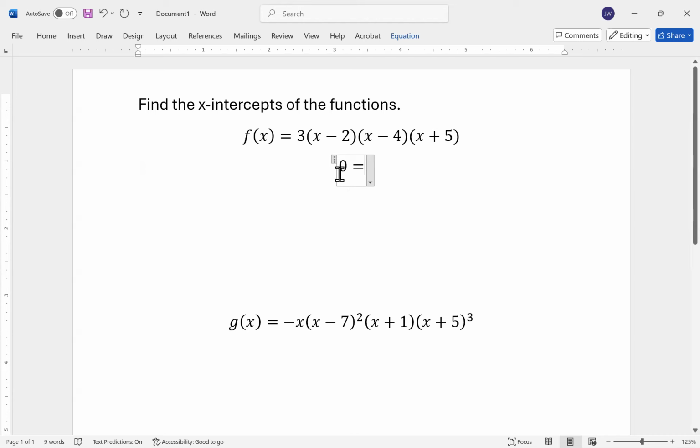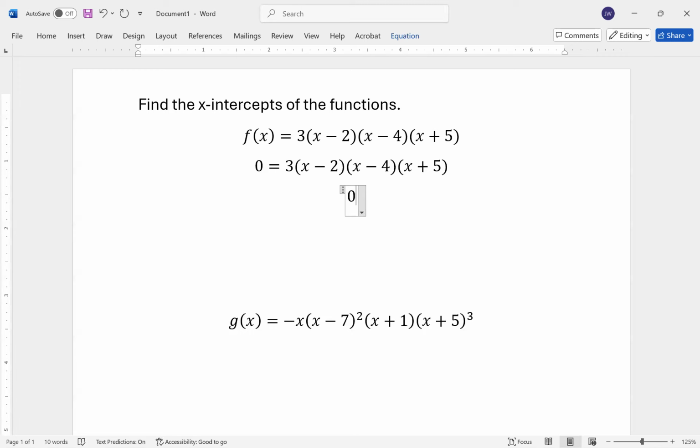So we set y equal to 0, the output value equal to 0. And the nice thing about these two cases is that we're already factored. And therefore, all I have to do is say that if I have a bunch of numbers multiplying to give me 0, then one of those numbers would have to be equal to 0.